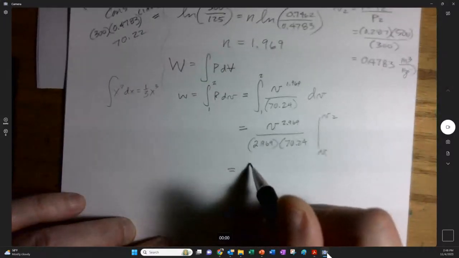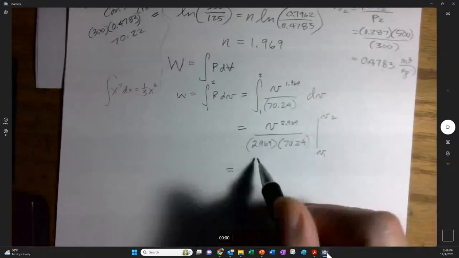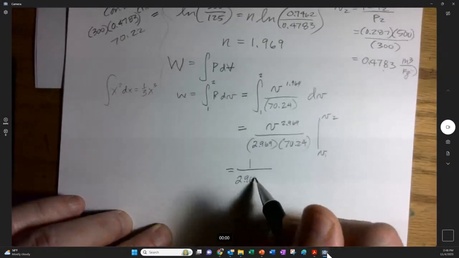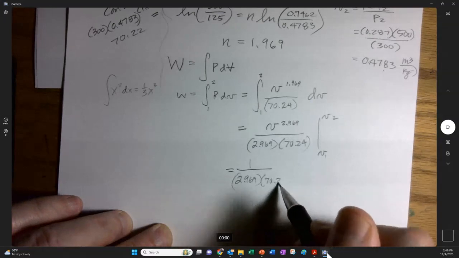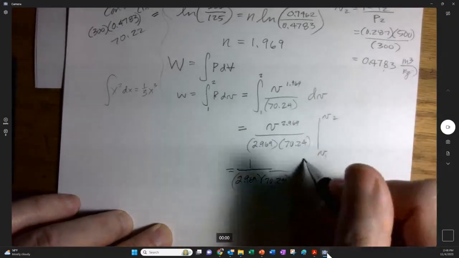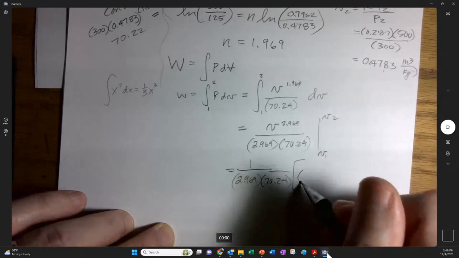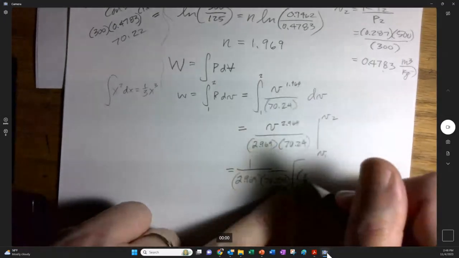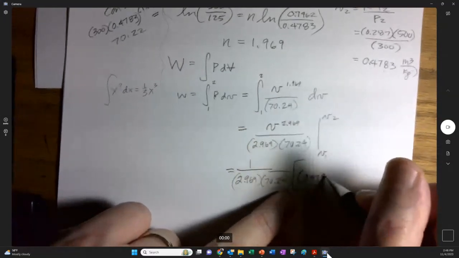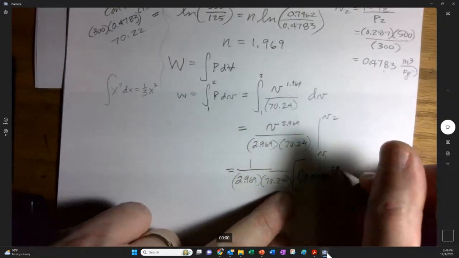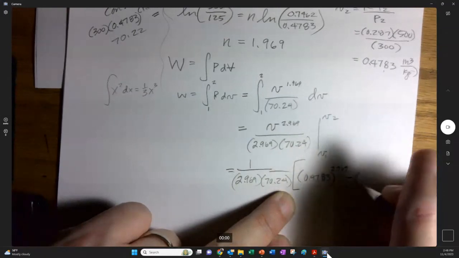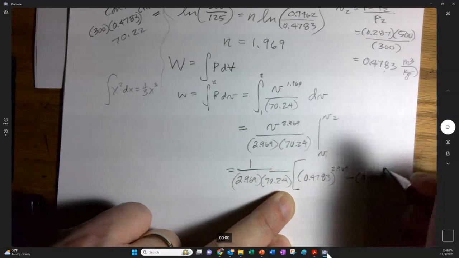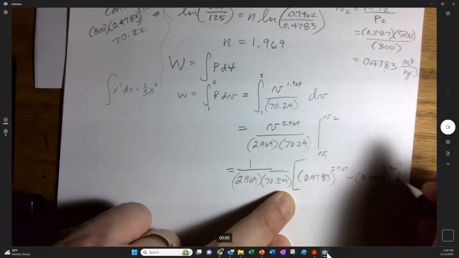So we'll keep them over here to the side. 2.969, 70.24, and we're going to have V2, which is 0.4783 raised to the 2.969, minus 0.7462 raised to the 2.969.